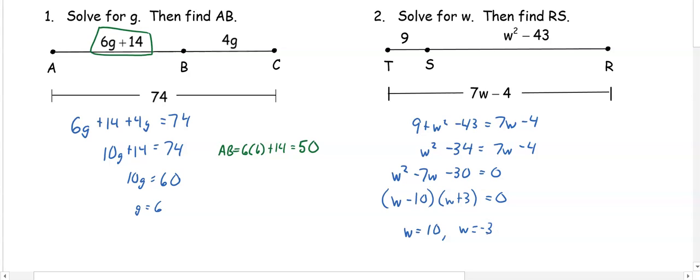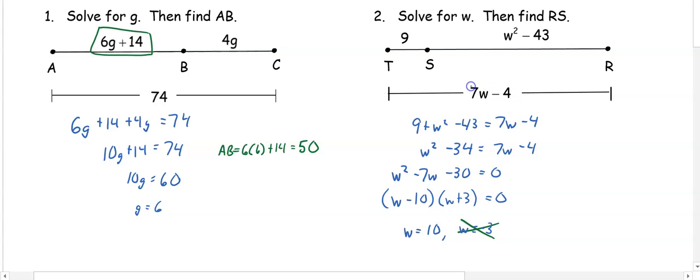Now, in geometry, you have to make sure both of your solutions work. If I put negative 3 back into one of the places where the variable is, either one of these, 7 times negative 3 minus 4 is negative 25. You cannot have a negative length, so this solution is not going to work.